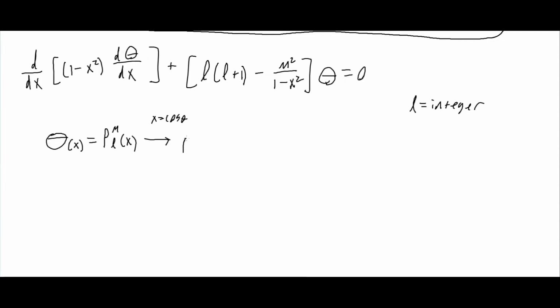And so that's how we get to our associated Legendre functions as a function of cosine theta. This is the form of the associated Legendre functions that we will be working with pretty much exclusively. This just comes about because of that change of variable, x equal cosine of theta.